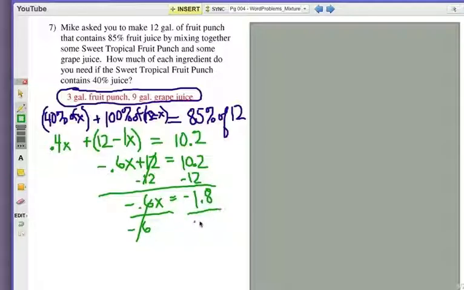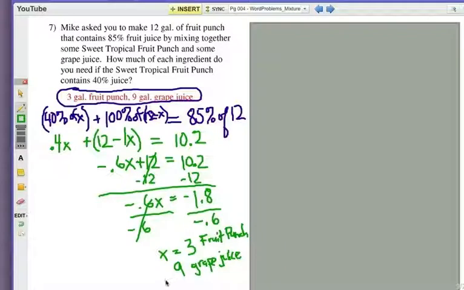Of course, you can see that our answer will come out to be positive. X is 3. Now that's the fruit punch. And remember that I wanted to have 12 altogether, so just figuring out logically, that means 9 of the grape juice. 3 of the fruit punch, and 9 of the grape juice. I hope that made sense to you.